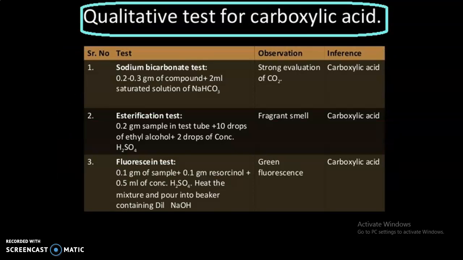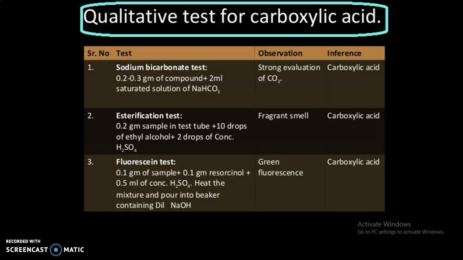Another part is the qualitative tests for carboxylic acid. There are various qualitative tests for carboxylic acids. A simple and very easy test is the litmus paper test: carboxylic acid turns blue litmus to red.